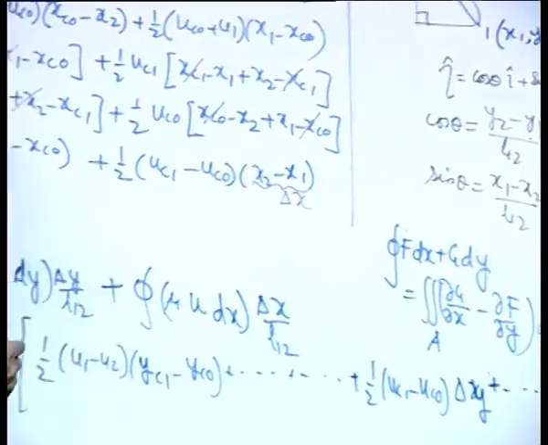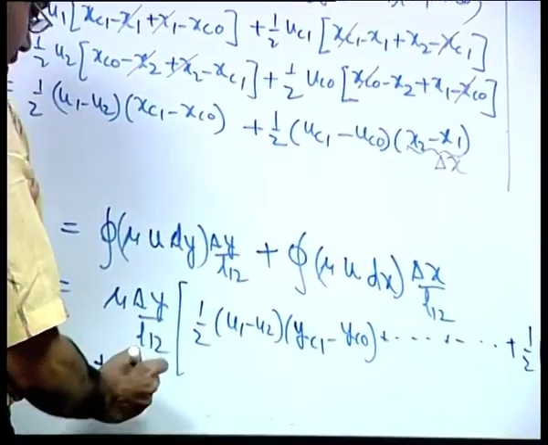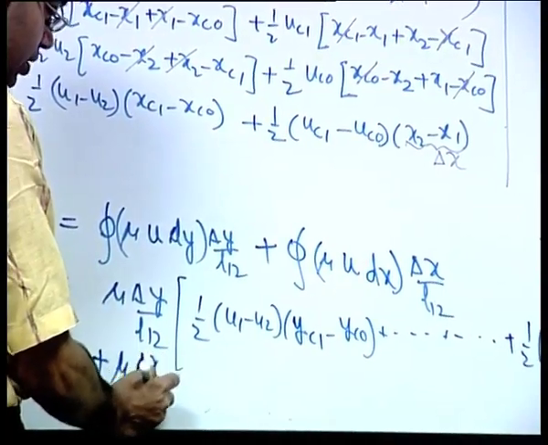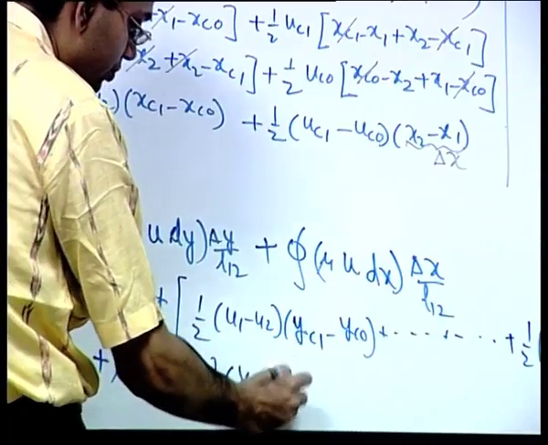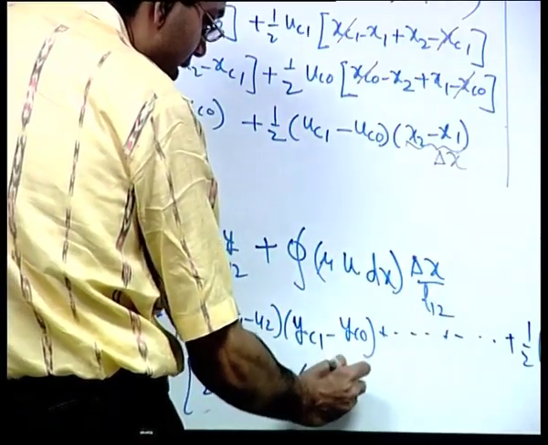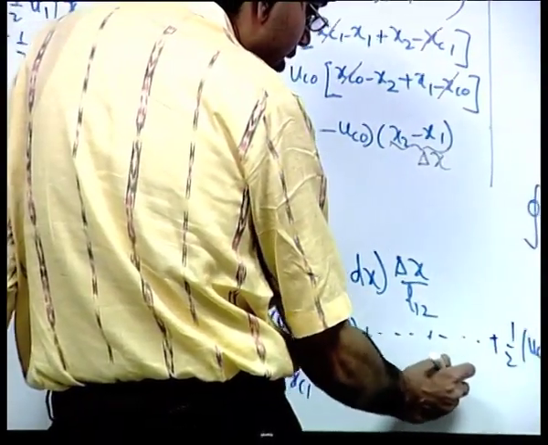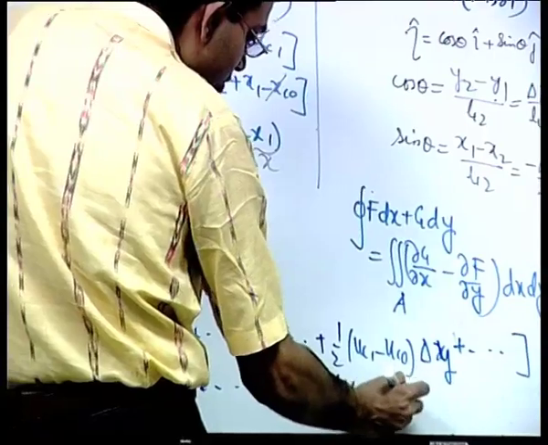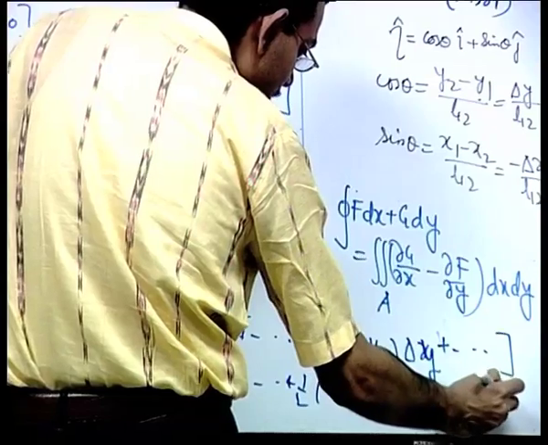Similarly for the integral u dx, just replace x with y, so mu delta x by L12 into half u1 minus u2 into xc1 minus xc0, plus 2 other similar terms, then plus uc1 minus uc0 into delta x plus 2 other terms.